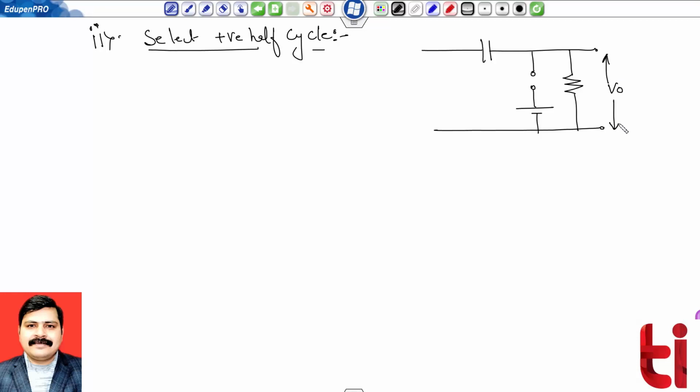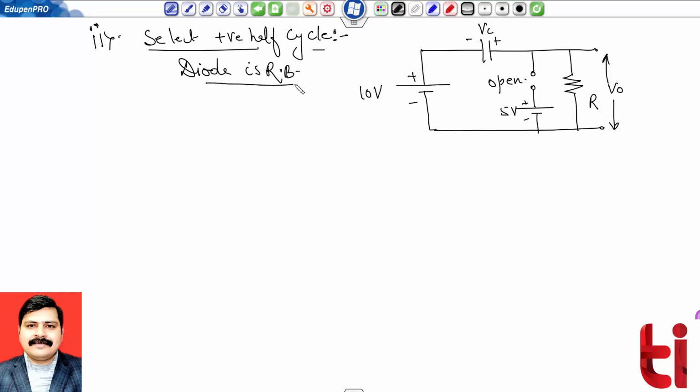Now our capacitor was charged to a value Vc, but in this positive half cycle, my input is plus 10 volt here. This is 5 volt, and you can see that this is my open switch because diode is reverse bias. Diode is reverse bias in this case.